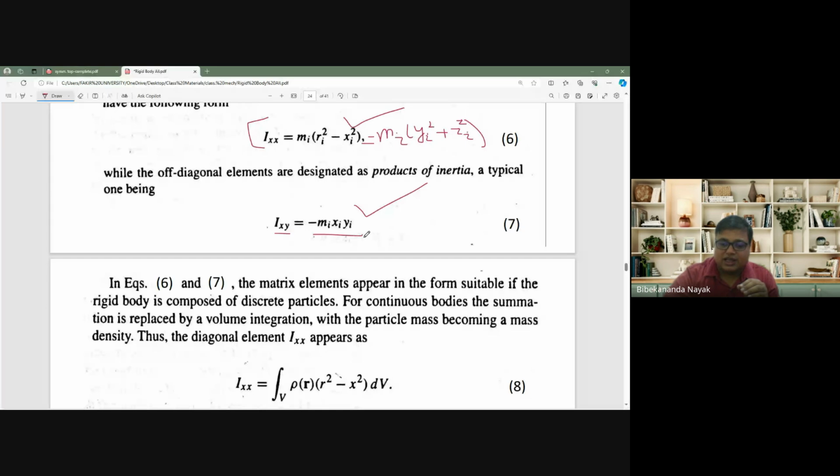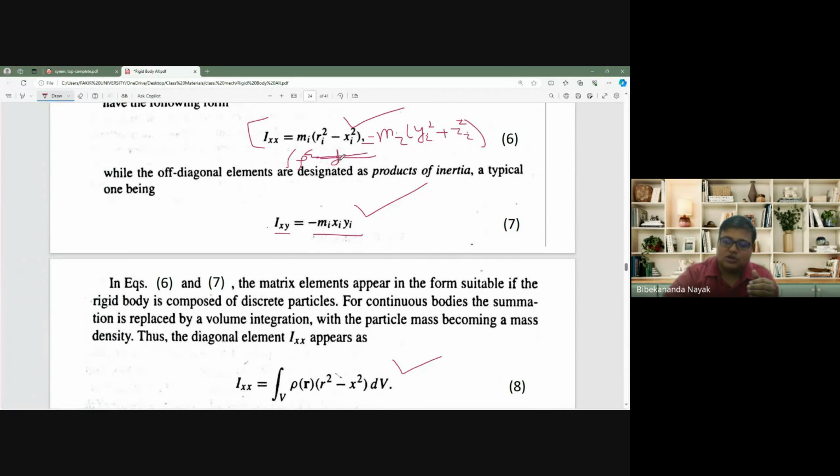Combining these two, I can write like this. I_xx is equal to, sorry, it is discrete; it is continuous. Then I combine in continuous form. Continuous means points are all continuous, then instead of summation, I use integration. You know that, with variable density rho, mass is rho dV.